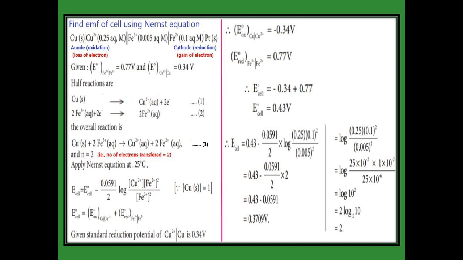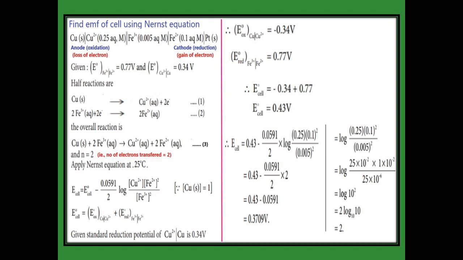Why do we put the minus sign? Because the value is given as a reduction potential, but here the copper is placed on the anode side. Anode means oxidation, so for the oxidation potential we reverse the sign. Then for iron the value is given as 0.77 volt. Adding these two values we get the E naught cell value of 0.43 volt.